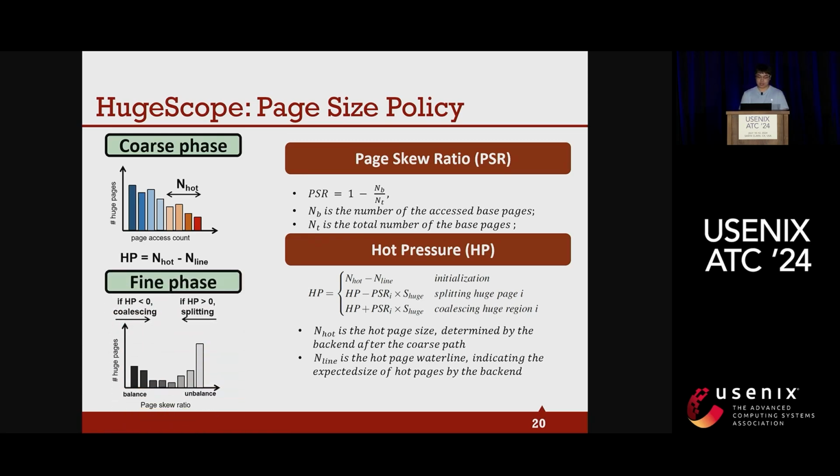After fine phase tracking, HugeScope can get the distribution of each huge page's page skew ratio. When the hot pressure is high, HugeScope splits the pages from large to small according to the page skew ratio. If there is no hot pressure, HugeScope will coalesce the pages from small to large according to the PSR.